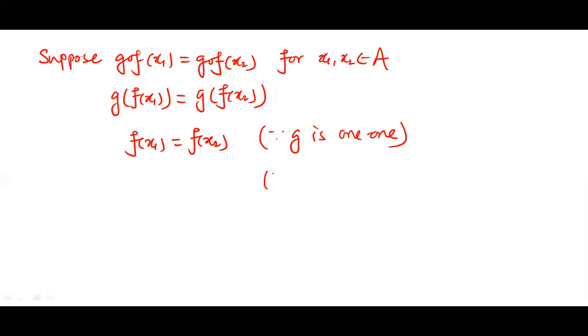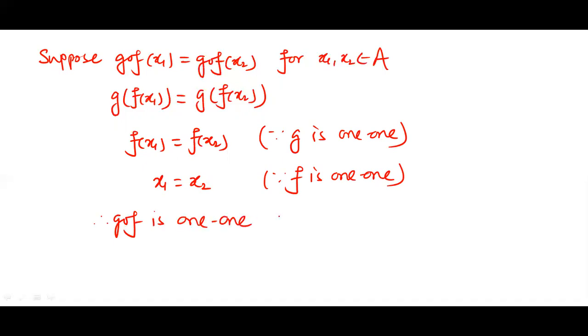And since f is one-one, x1 must be equal to x2. Therefore, g naught f is a one-one function.